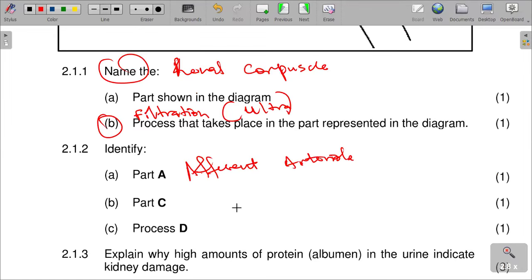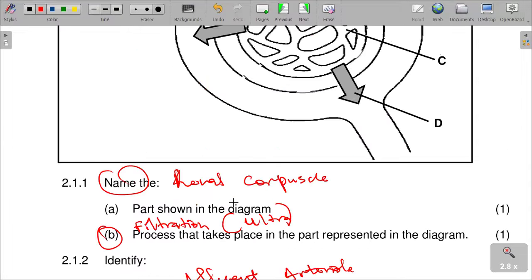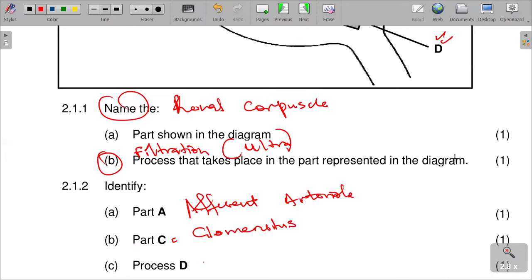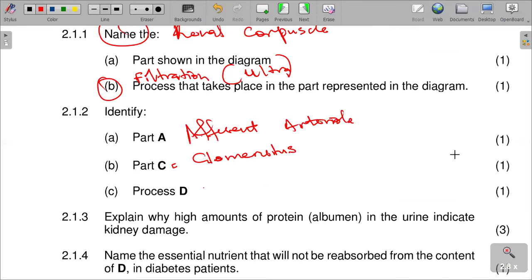And then C, we said, is the glomerulus. Then obviously D is the glomerular filtration. As you can see the arrow, the filtration is taking place at D, the glomerular filtration.